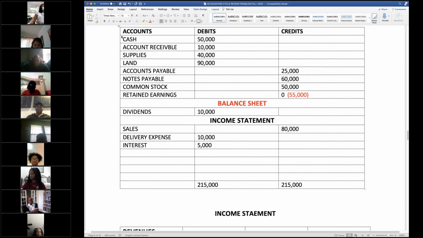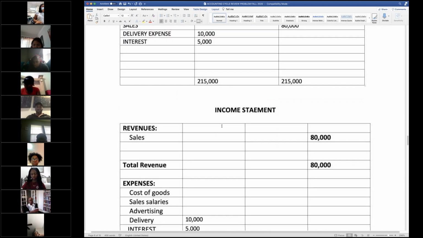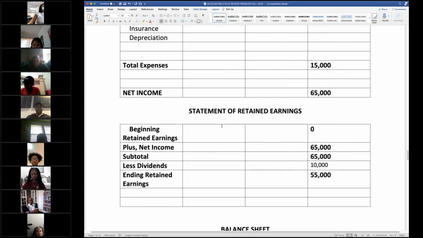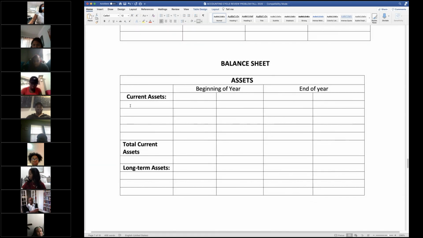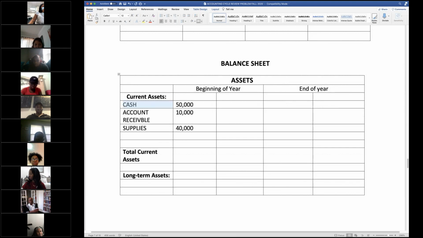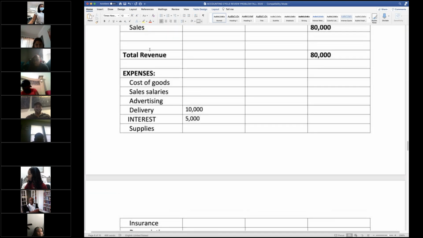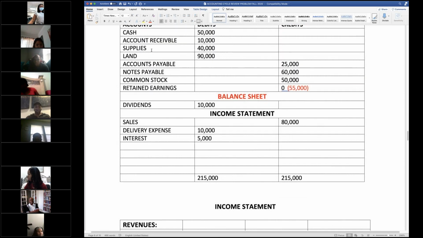So when I get ready to do that balance sheet, I'm going to get my current assets. Copy. Current assets are in, my total current assets are 100,000. Then I'm going to go back up here and get my land. I have to get everything above that line.